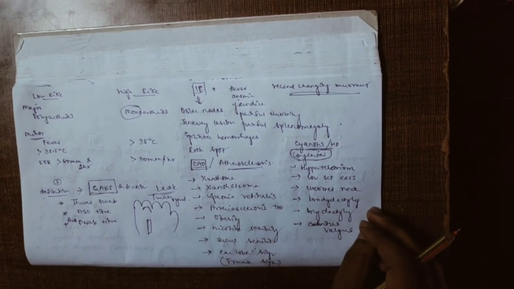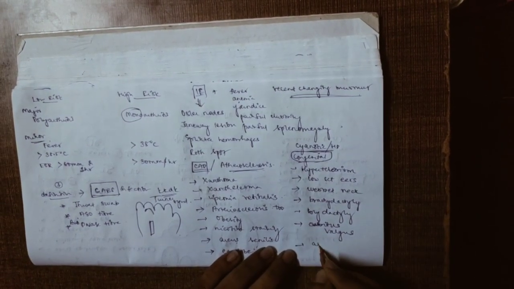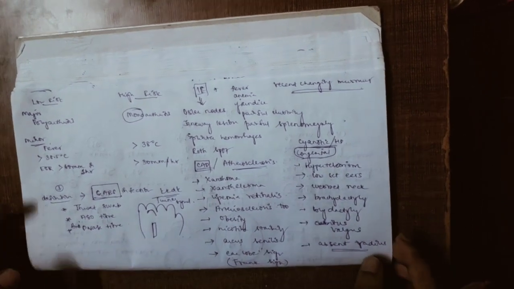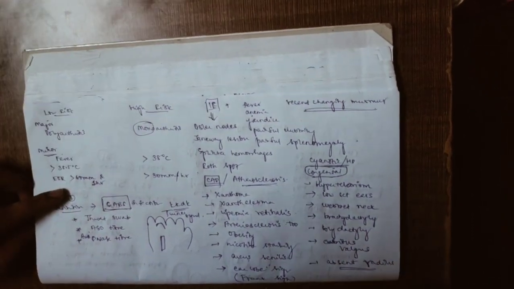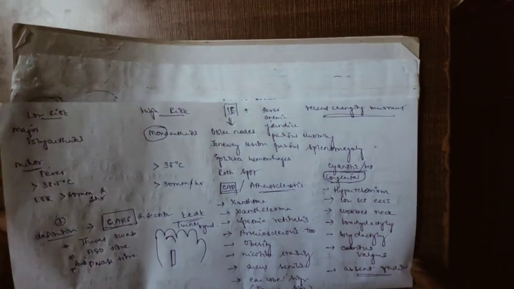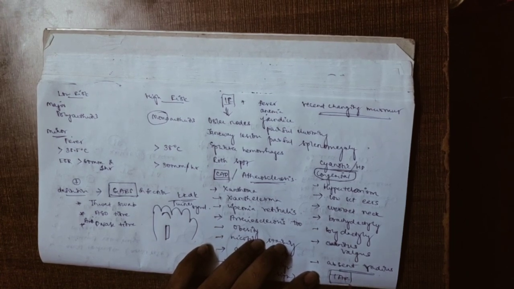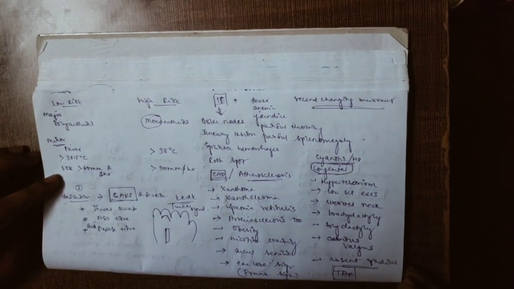And there is absent radius. There are a lot of syndromes causing absent radius. One of the syndromes is TAR syndrome, thrombocytopenia absent radius syndrome. They present with atrial septal defects and atrial problems.